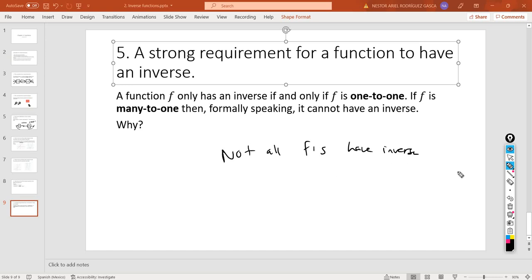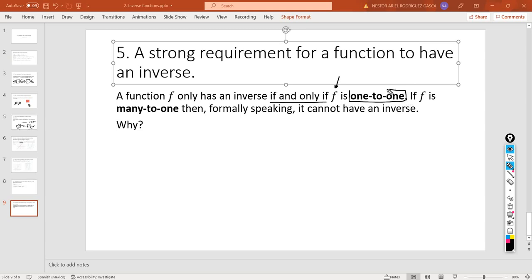Why? Because of this. Let's read first this little text. A function f only has an inverse if and only if f is 1 to 1. That is a requirement, guys. F will have an inverse only in the case that f is 1 to 1.